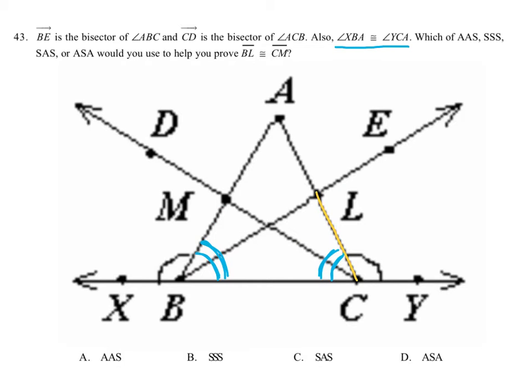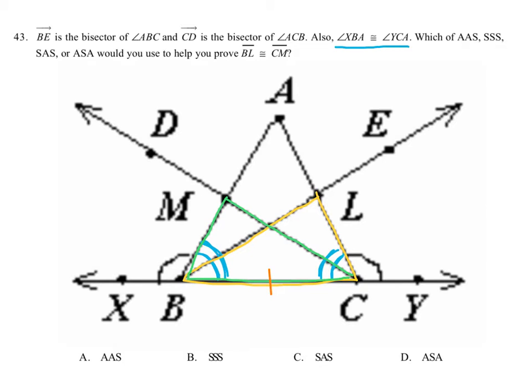We'll do one in yellow, this triangle right here, and let's do another one in green, this triangle right here. So these are the two triangles we're talking about. In this green triangle, this angle right here is congruent to this angle in the yellow triangle. We also have this fact that this side is reflexively congruent to itself.